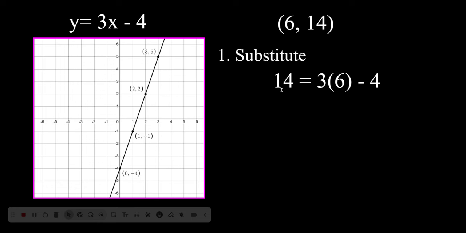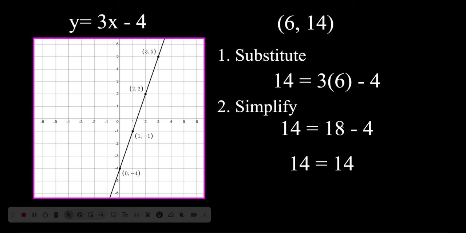Then I would simplify it. What's 3 times 6? That's 18. So it's 18 minus 4, and 18 minus 4 is 14. So there you go. The sides match up. So yes, this point is on the line.